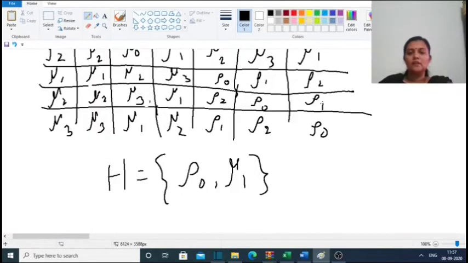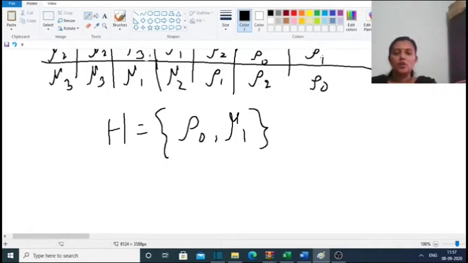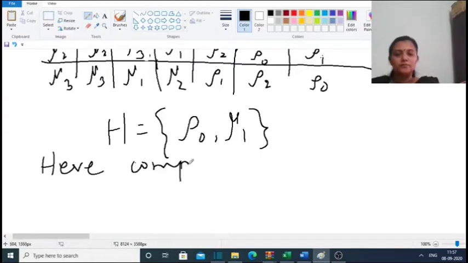So we have been given H equal to {rho 0, mu1}. Here our composition is permutation multiplication.